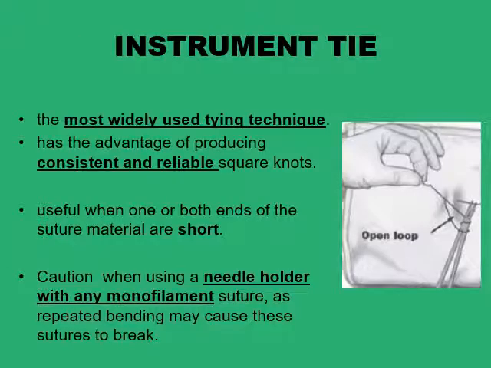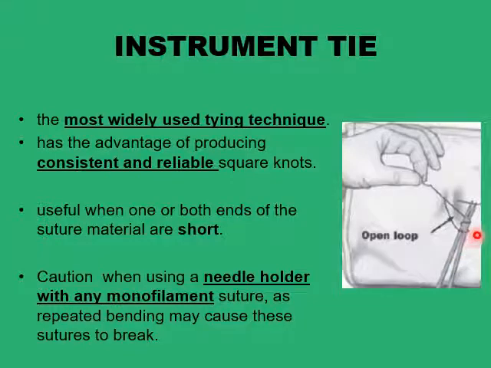Using instruments like needle holders to knot sutures depends on the same idea as doing it manually, with a slight modification. This time you are wrapping one end of the suture, the long end, over a needle holder.